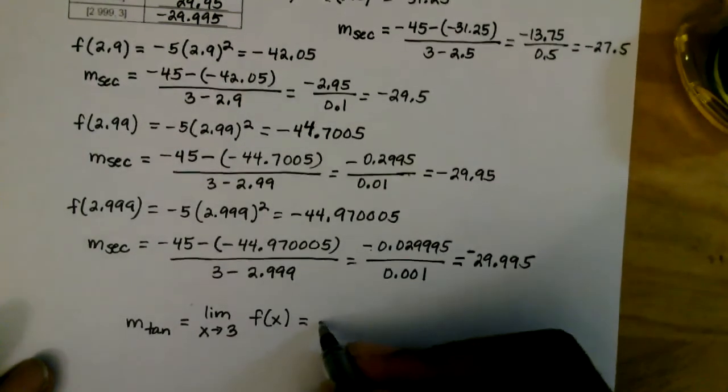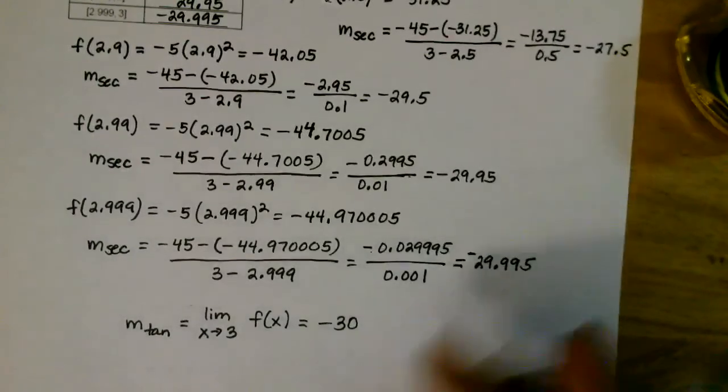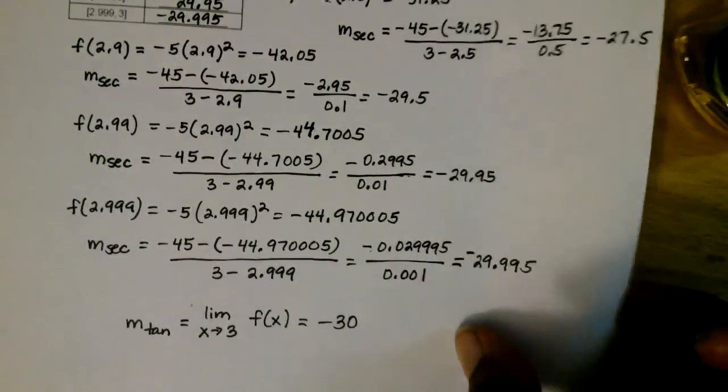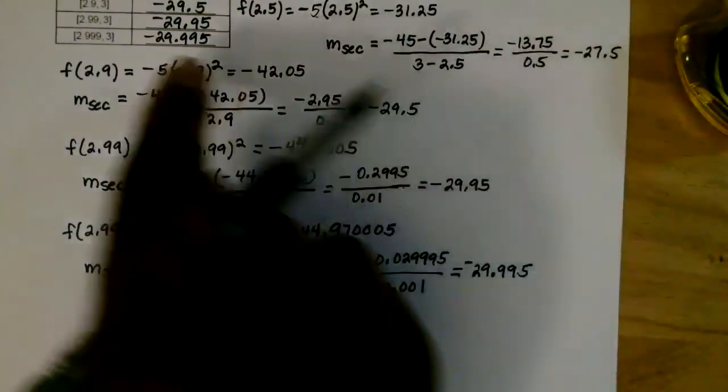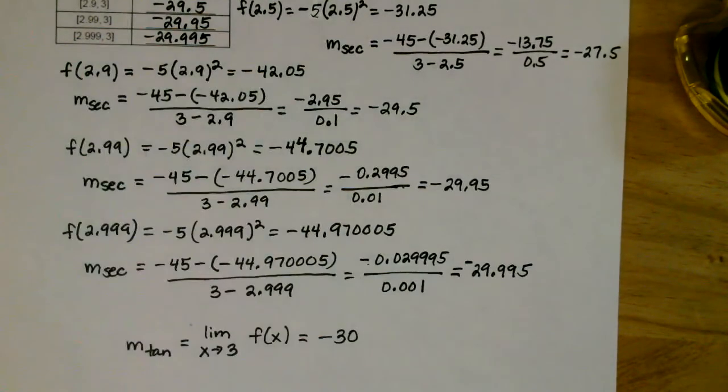That's going to be -30. It's getting closer and closer to -30 as we let x get closer and closer to that fixed number of 3.